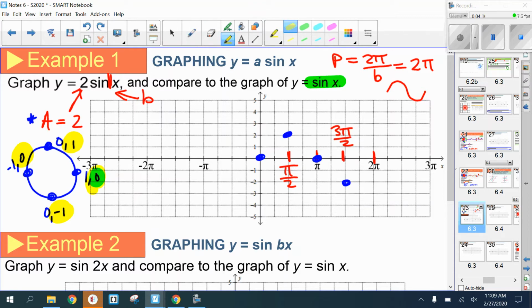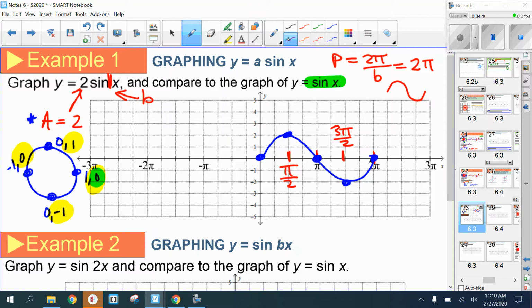And then I get all the way back around to 2 pi, and sine 2 pi is 0 times 2 is still 0. So if you can get that far, you got this sine wave. That's 1 full period of the sine wave. Okay? That's 1 period, and now it's going to restart. But what you'll want to do is just kind of complete the pattern.